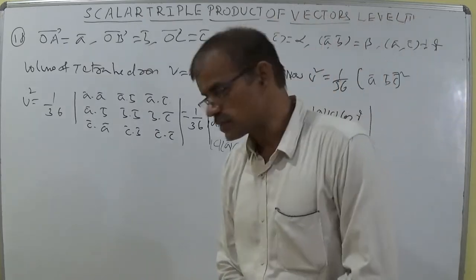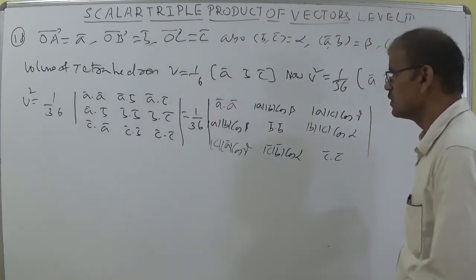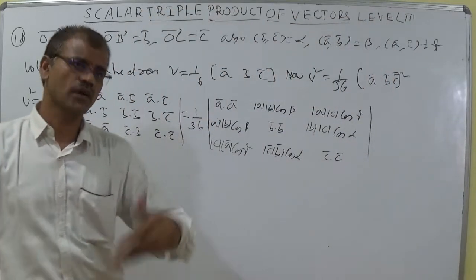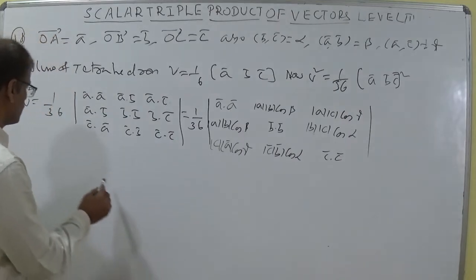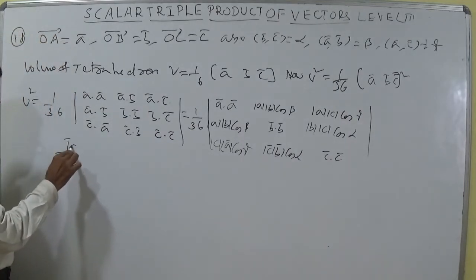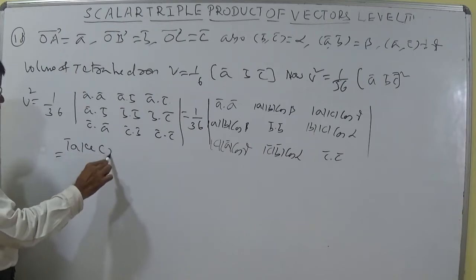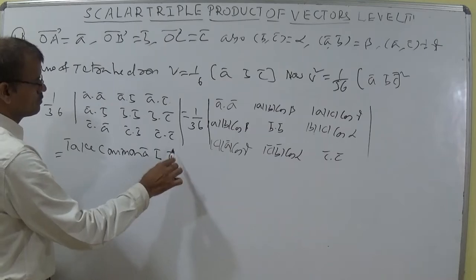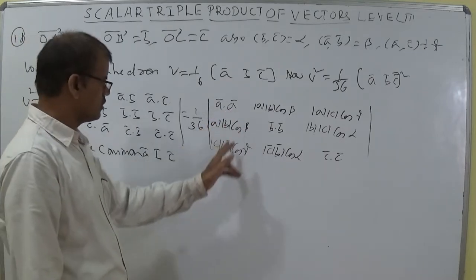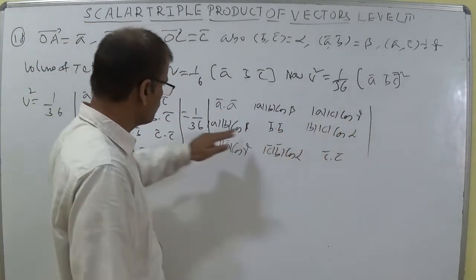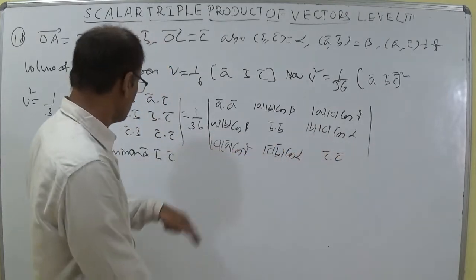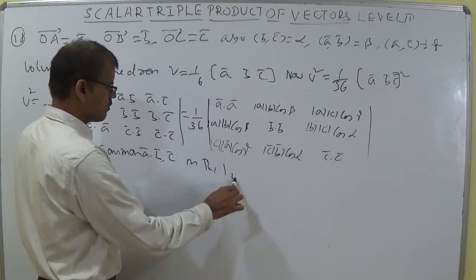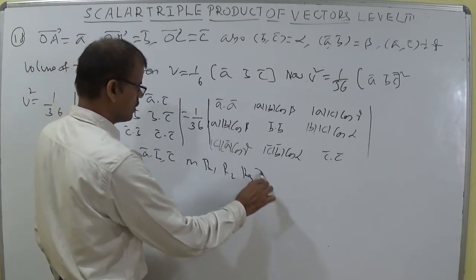Now according to the options, he did not give any magnitude values, so we should understand the magnitudes of the vectors A bar, B bar, C bar. Now take common A bar, B bar, C bar from rows R1, R2, R3 respectively.